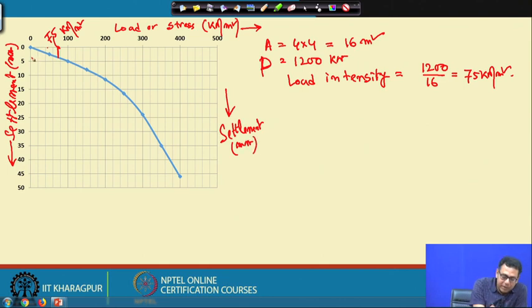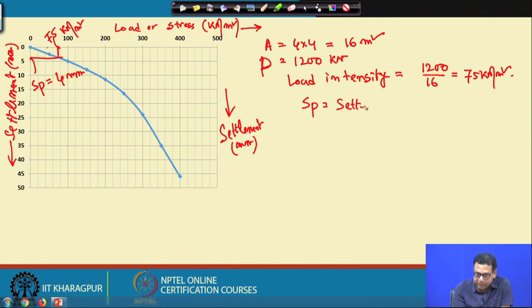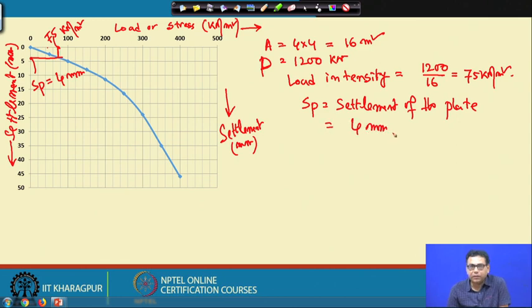So, the corresponding settlement of the plate, SP, from the curve for 75 kilonewton per meter square is equal to 4 millimeter.